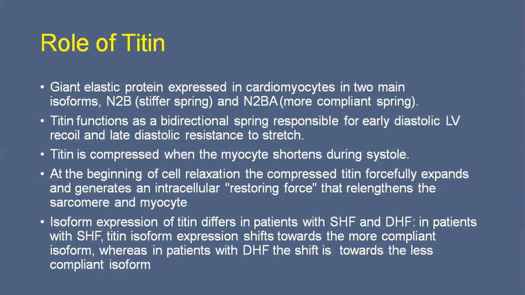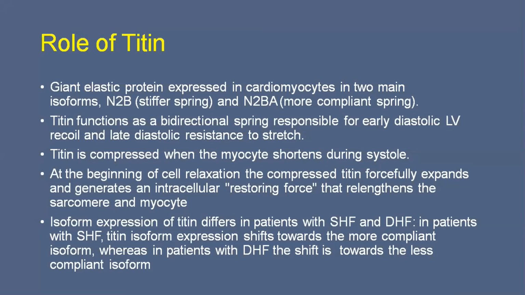Titin is compressed when the myocyte shortens during systole. At the beginning of cell relaxation, the compressed titin forcefully expands and generates an intracellular restoring force that re-lengthens the sarcomere and myocyte. Isoform expression of titin differs in patients with systolic and diastolic heart failure.